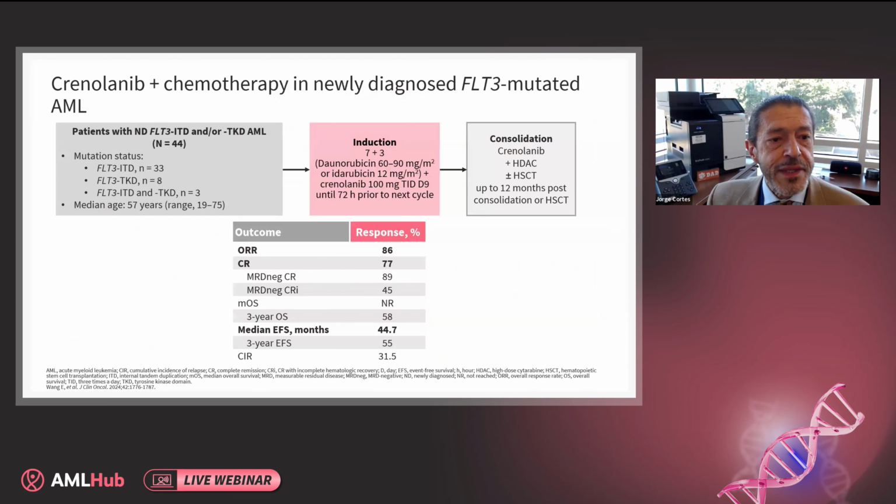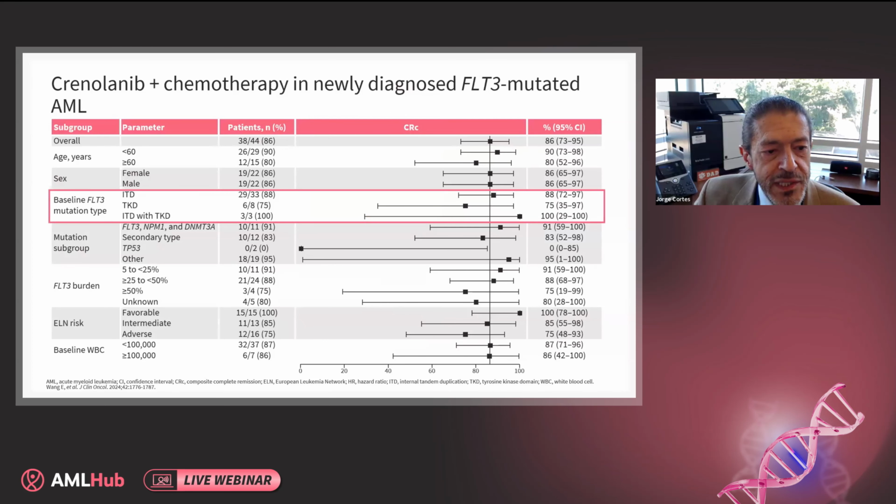And if we look at this study with crenolanib, another FLT3 inhibitor, this is a single-arm study combined with chemotherapy, and you see the overall results that look positive. But in the next slide, when you look at the subset analysis based on the type of mutation, you see that again, in the context of TKD, the response rate seems to be lower than in the patients with ITD.